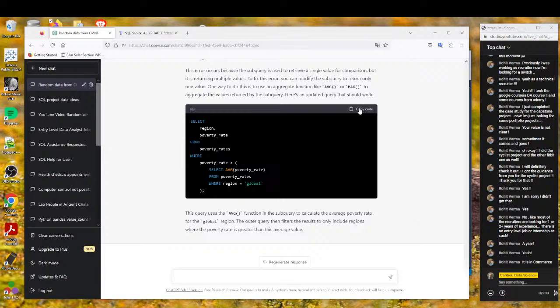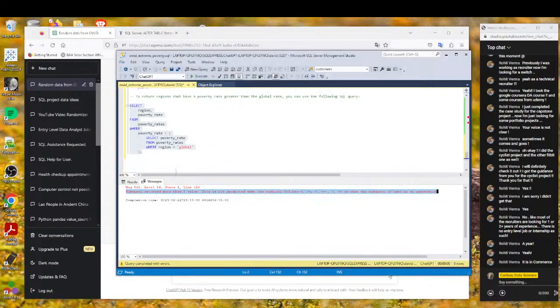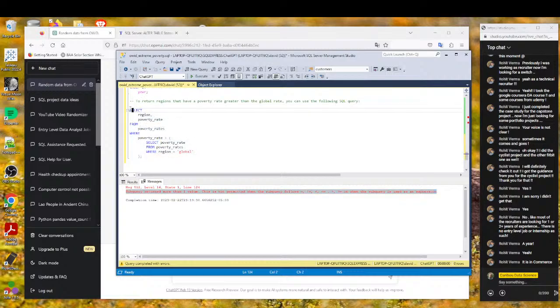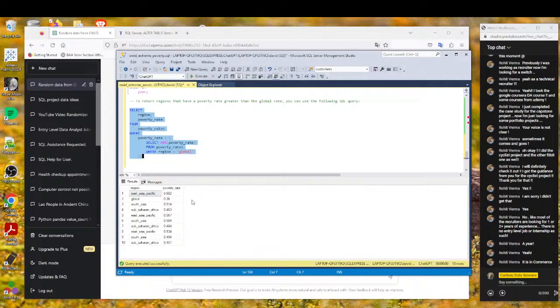And there we have it. Here are the regions whose poverty rate is above the global average.